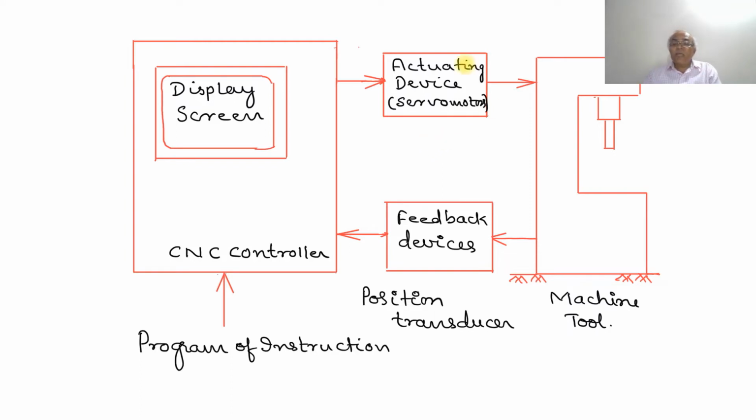So when it says G01, the machine understands that it is to travel in a linear motion. If I give X, Y and Z values, it has to move in all three directions. Normally we want it to move in X and Y directions.